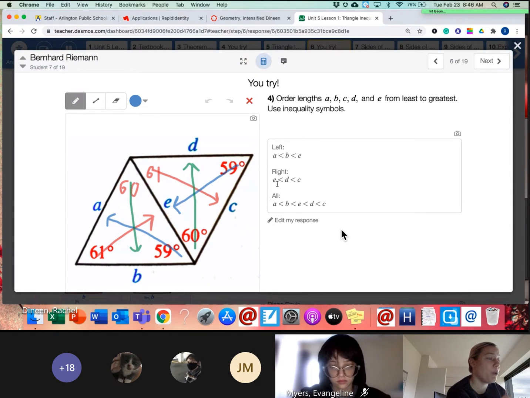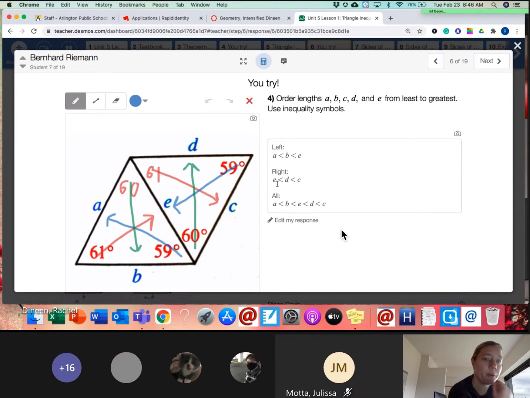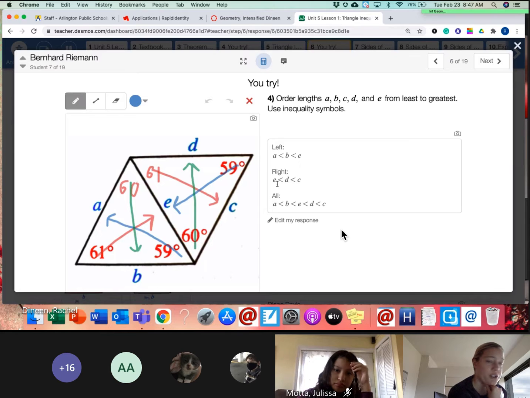Sometimes they both might have the same shortest side. So make sure that you look at what you're being asked and look at what you have. So great job. Any questions on this one?